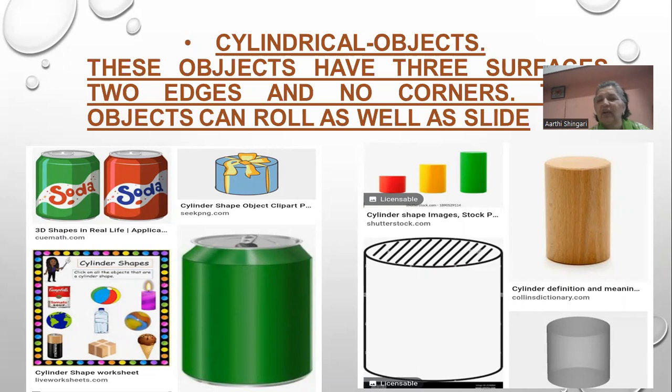Best examples you find at home are cylinder, gas cylinder. Then your pencil, pen, water bottle, glass, katori. All these are examples of cylindrical objects. These have 3 surfaces, 2 edges and no corners.